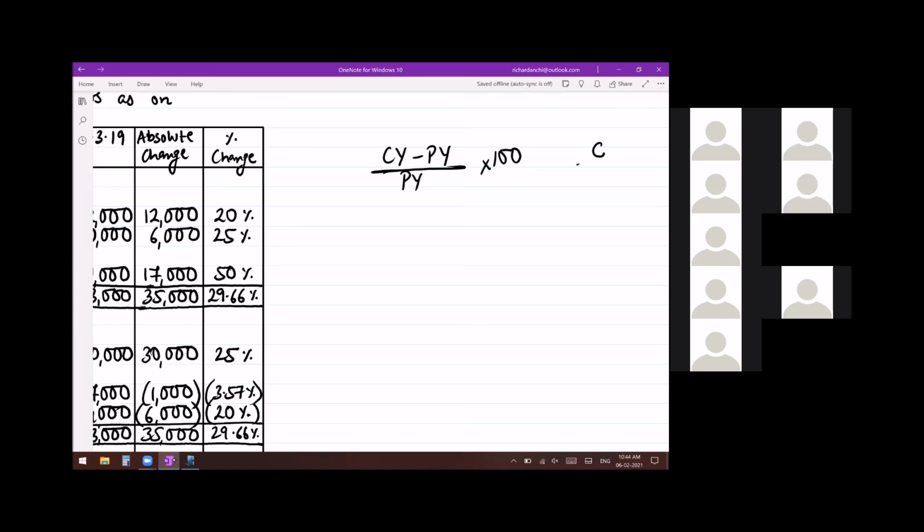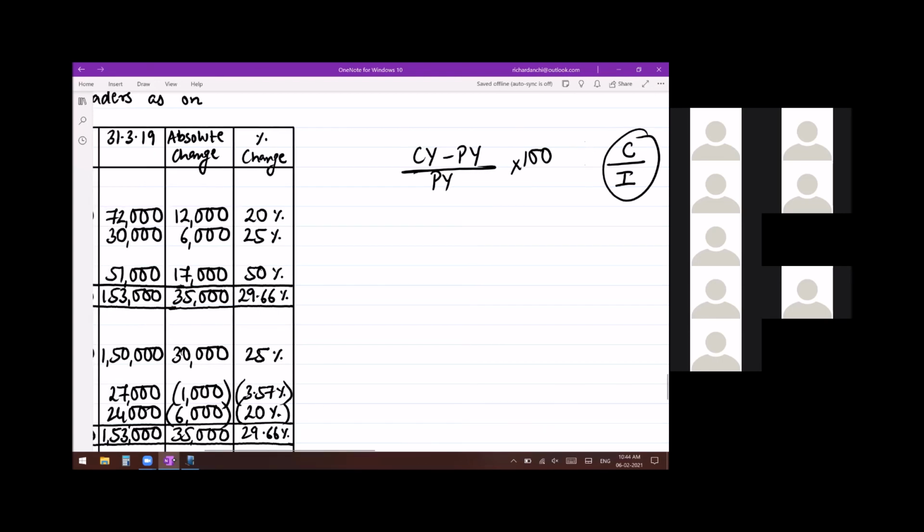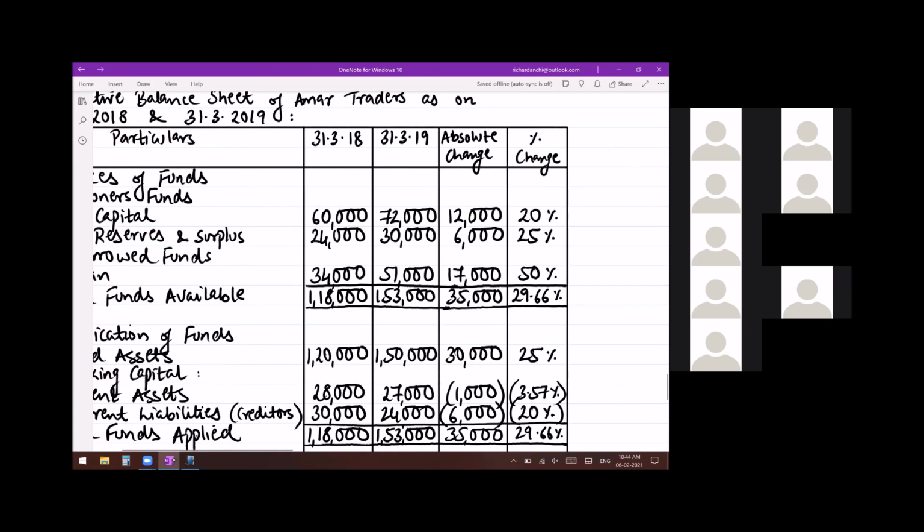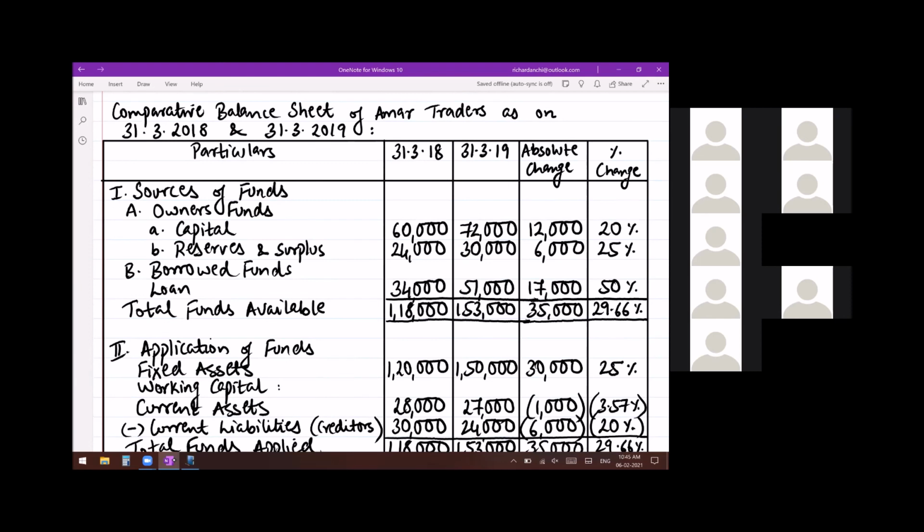I told you one thing, change upon initial. Remember that. And even if you don't remember this formula, it's fine. So that was about balance sheet. Same way, we are also going to be preparing the income statement, that is profit and loss account, along with trading account in the vertical format, and also compare the results. What is the change in terms of amount and what is the change in terms of percentage?